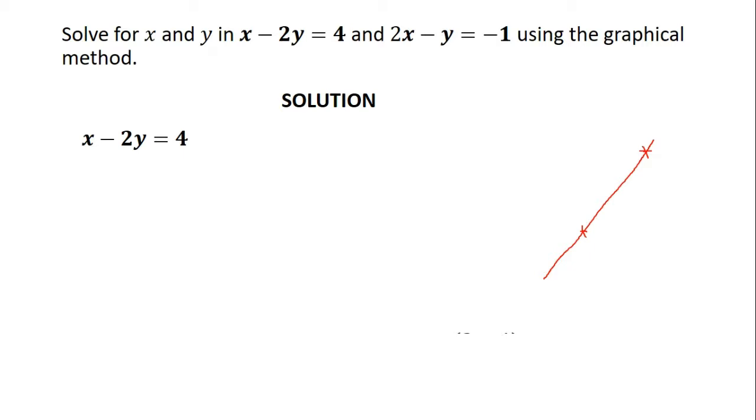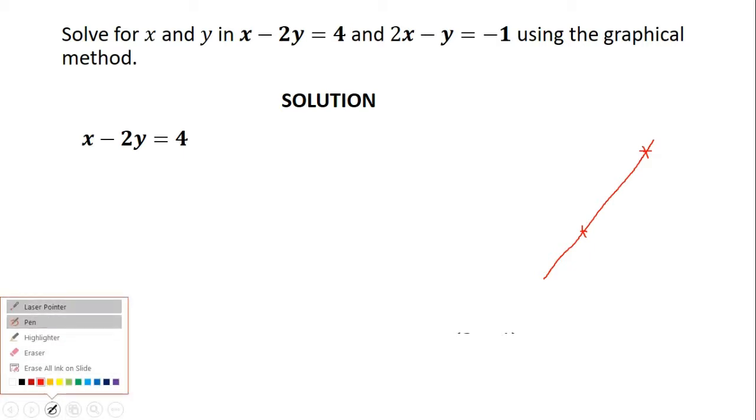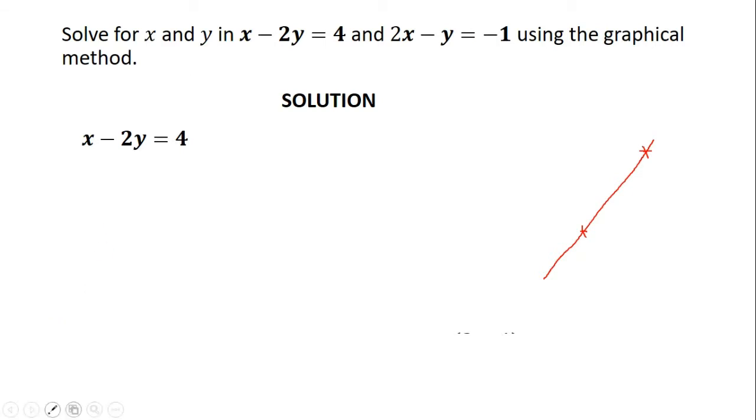You just join those 2 points. So to help us draw the graph of this equation here, we are going to find at least 2 points that fall on the line. I hope that is clear. You need at least 2 points that fall on the line, because to draw the graph of a straight line, you need at least 2 points that fall on the line.